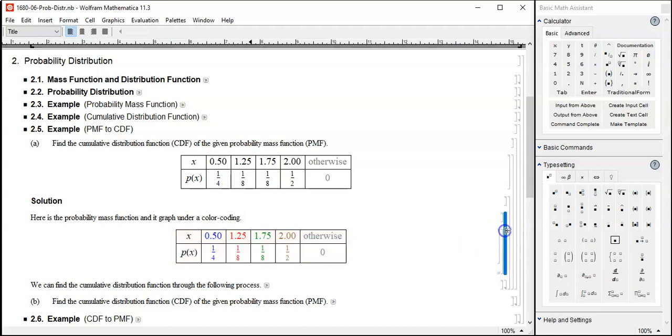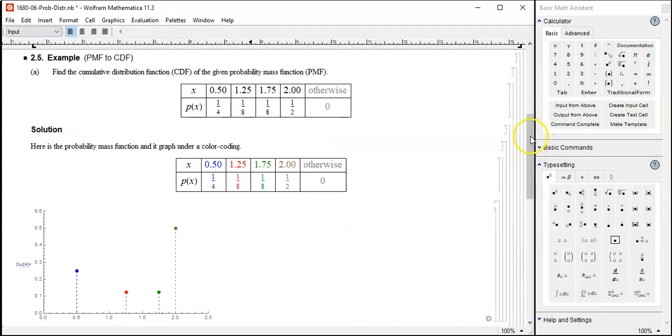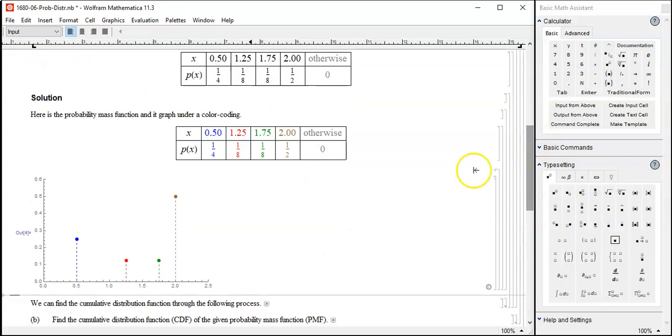And this is the graph of the mass function. We have four masses, blue, red, green, and brown, and the height corresponds to the probability: 1/4, 1/8, 1/8, and 1/2, at the x values 0.5, 1.25, 1.75, and 2.0. All right, that's a mass function.